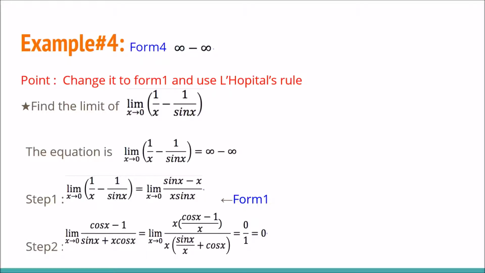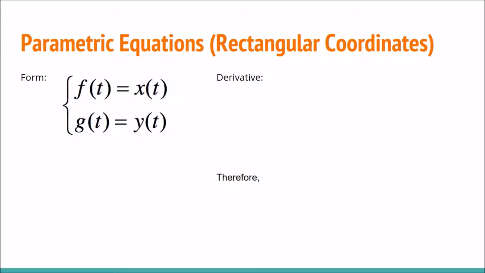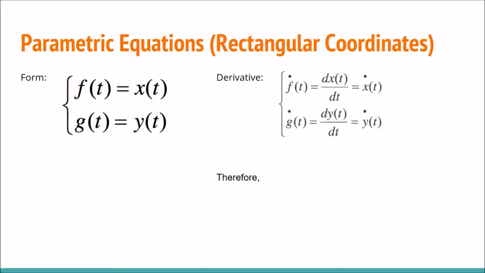With parametric equations using rectangular coordinates, you can find the slope of the parametric function by taking the derivative of the two equations. And the slope would be dy over dx.